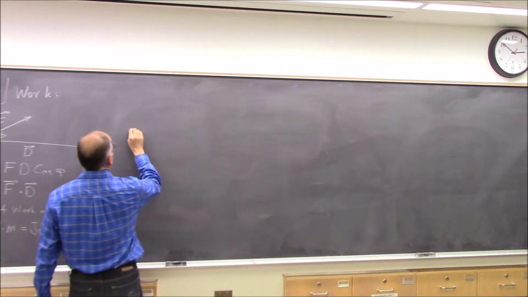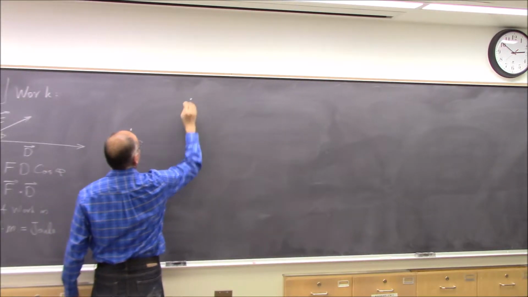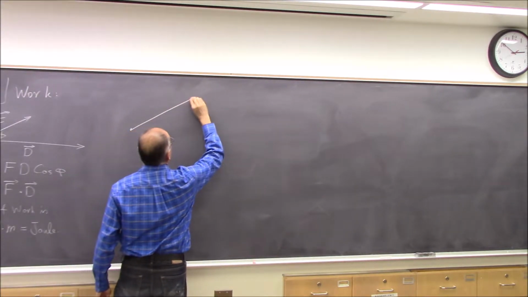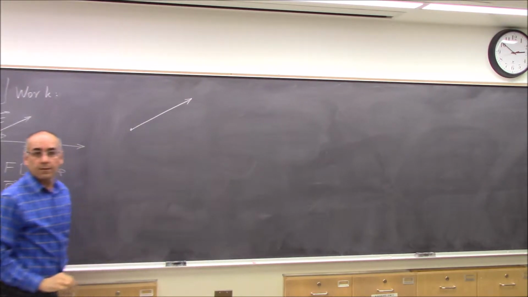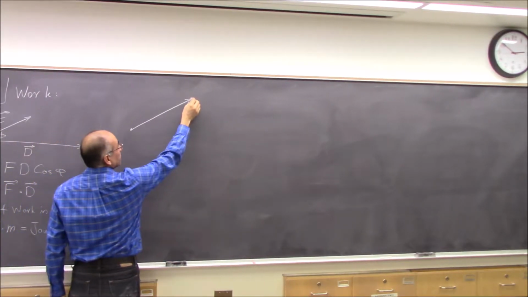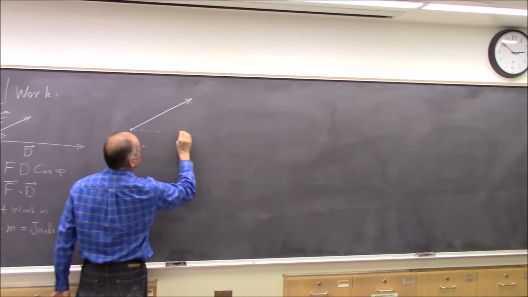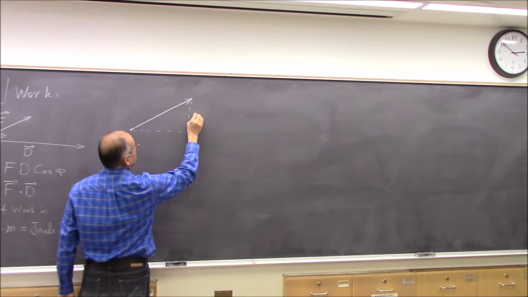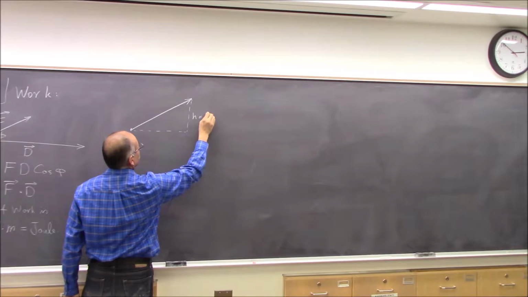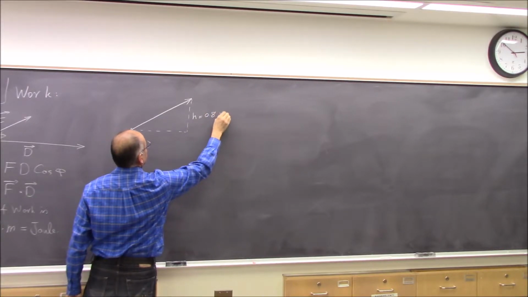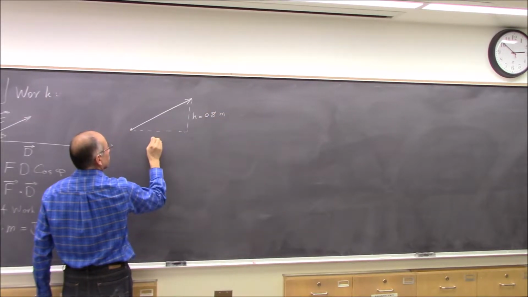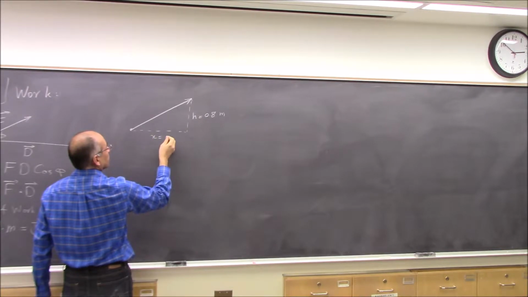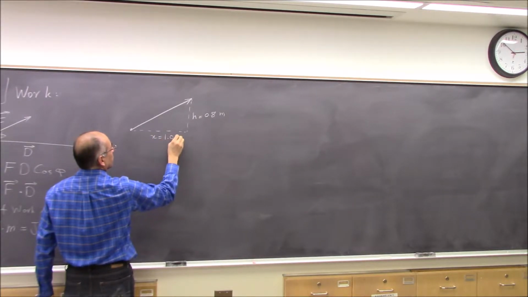I'm going from point A to point B. If I make horizontal and vertical lines here, let's call the height H, 0.8 meters, and this is X, 1 meter.